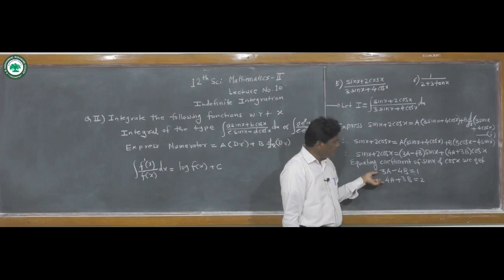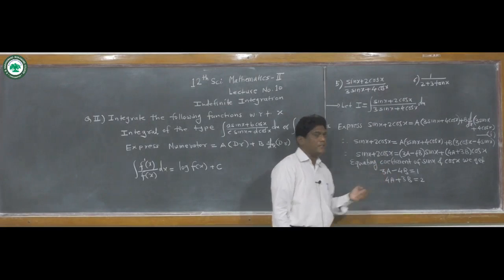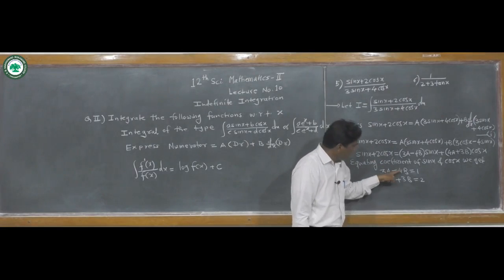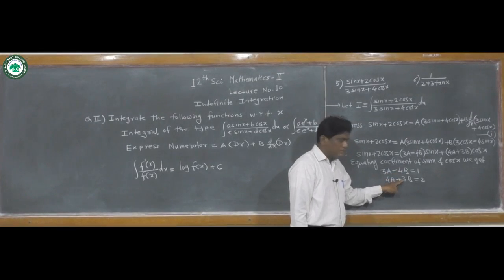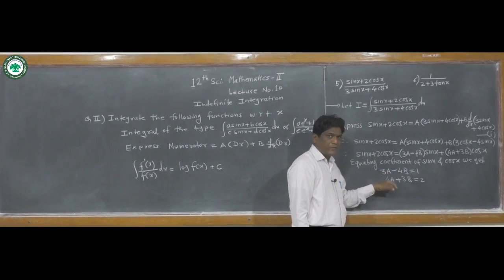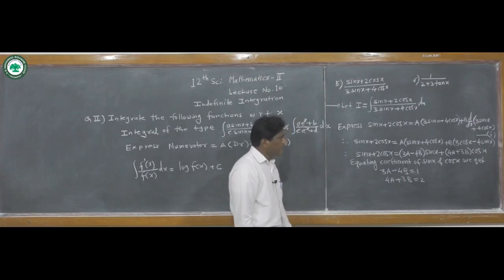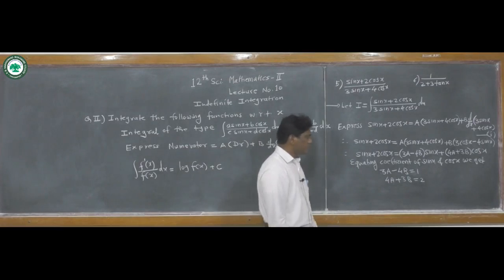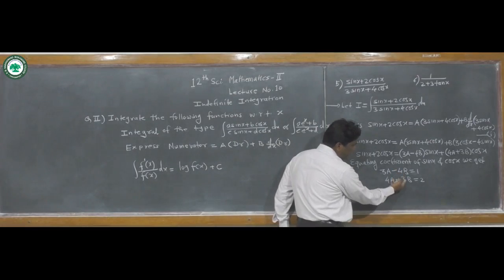We solve such type of finding the values of unknowns in 10th standard. Now we make the coefficient of b same, because one is minus and the other is plus. If we add these two when the coefficient is same, then we get the value of a, and we put the value of a in any one of the equations, we can find the value of b. So firstly we make the coefficient of b same.